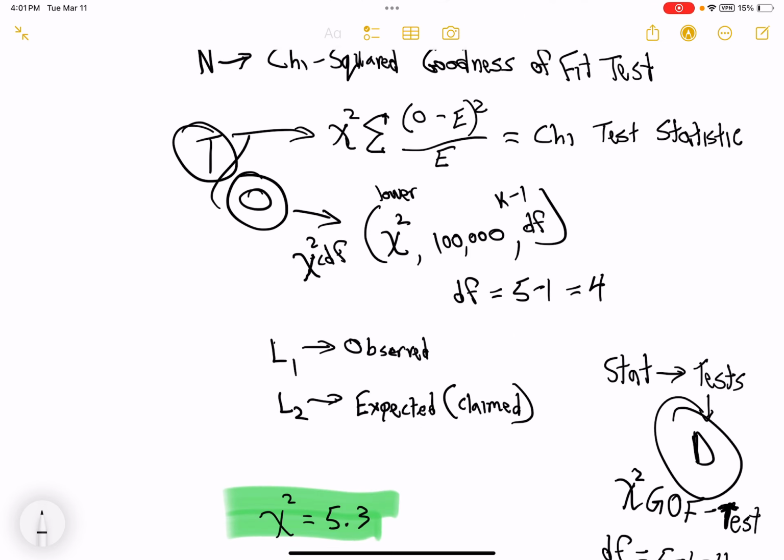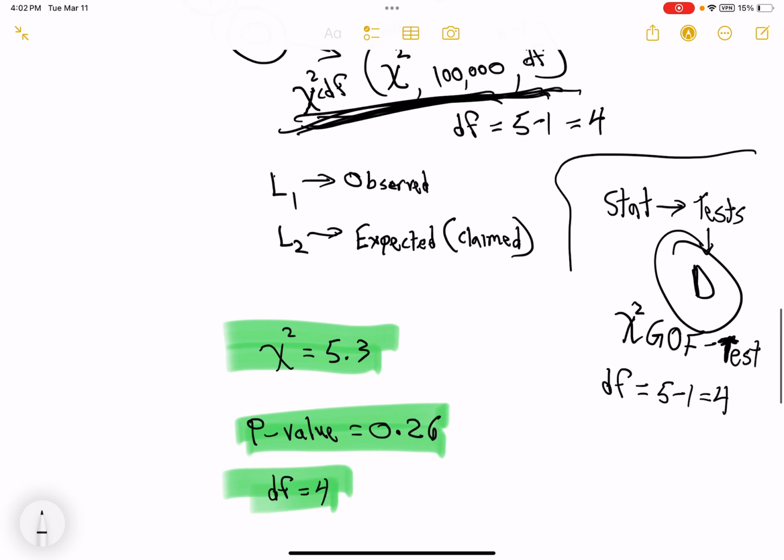And then your T and your O should be used to effectively calculate your chi-squared test statistic and then to determine the p-value. Be aware that sometimes they will give you a chi-squared test statistic and you have to find your p-value using your calculator, and that's when you use this chi-squared CDF. Otherwise, you should use stat tests and then chi-squared GOF test, and then you'll plug in your values.